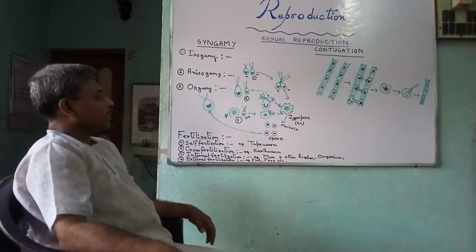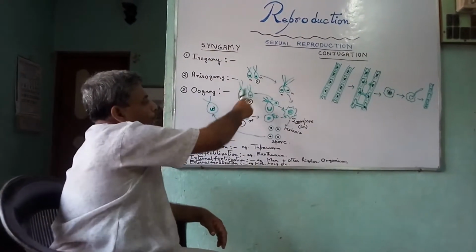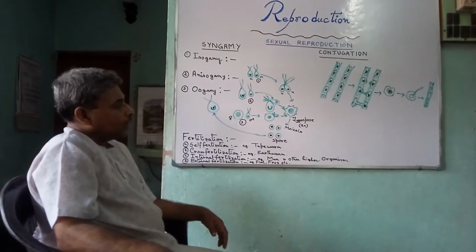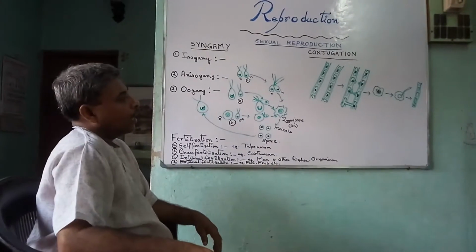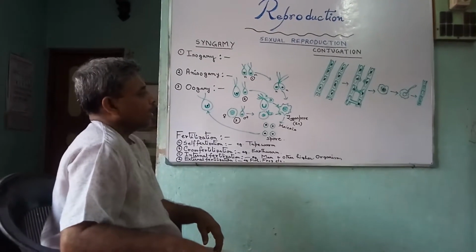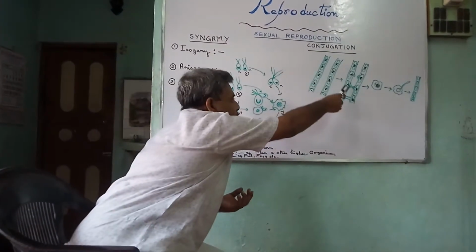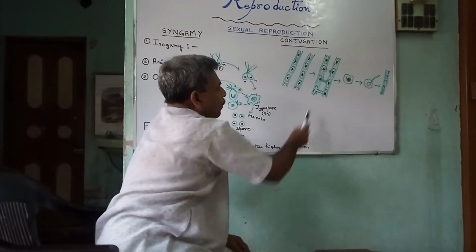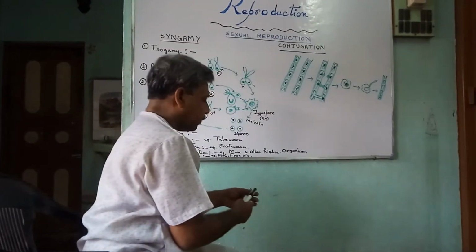So these are the basic types of syngamy, where the two gametes get fused permanently. But the type of sexual reproduction where fusion of the two gametes occurs temporarily is called conjugation. Incidentally, the transfer of the protoplast or genetic material occurs through the formation of a connection between the two cells present side by side.